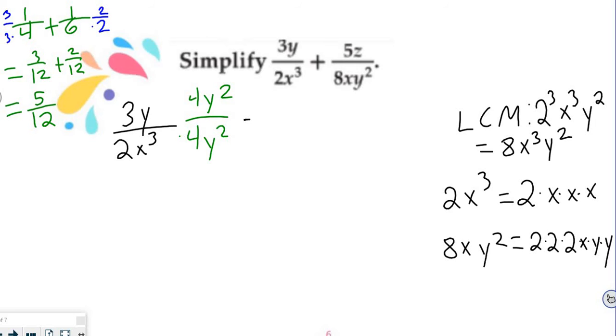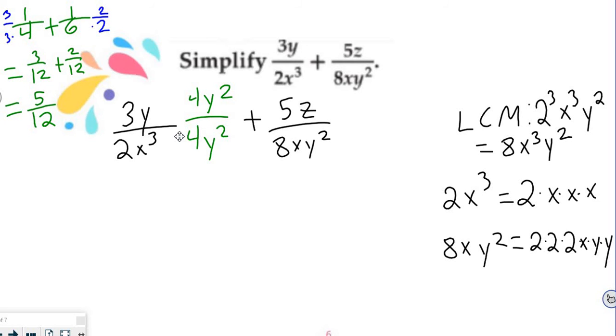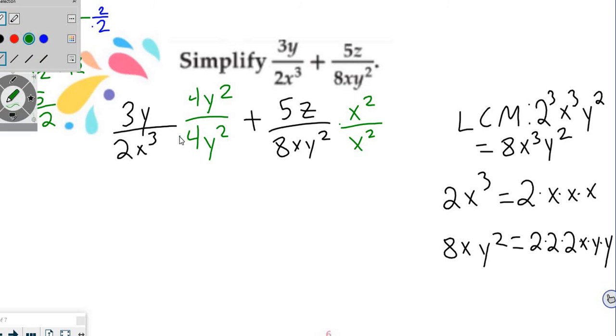So then I'm adding, and we have 5z divided by 8xy squared. Well, what is this one missing? It's just missing 2 of our x's, right? So we're going to have to multiply the top and the bottom by x squared.